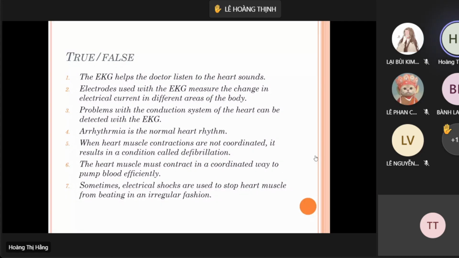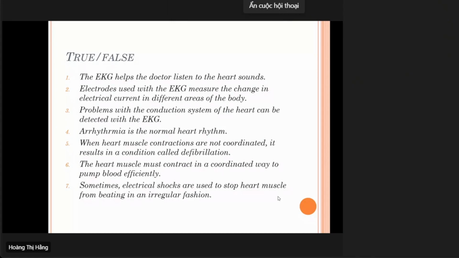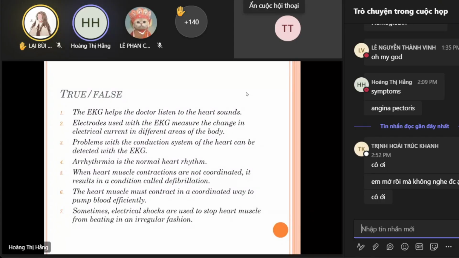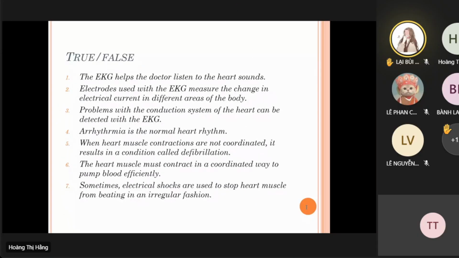Trúc Khanh bị thoát rồi hả? Trúc Khanh hello. Rồi cô mời Hoàng Trọng. Hoàng Trọng please. Nguyễn Hoàng Trọng. Không nghe gì hết trơn Trọng ơi. Hello, cô nghe không ạ? Rồi, nghe rồi. Hello. Đang nghe nè Trọng, nói đi.